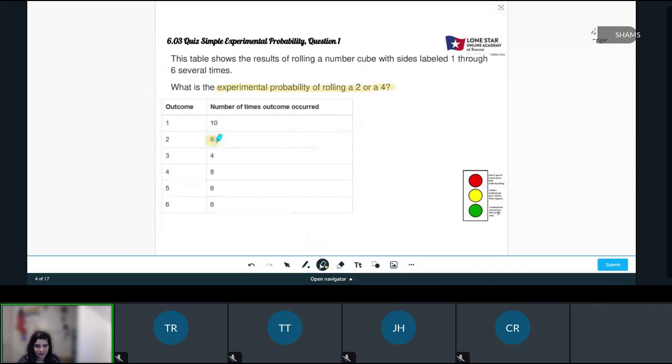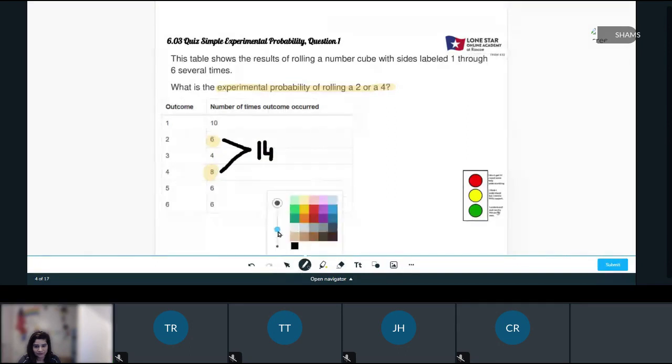This is the number of times a person rolls 2. This is the number of times a person is rolling a 4. You all agree? And altogether they roll a 2 or a 4, 6 plus 8, 14 times.